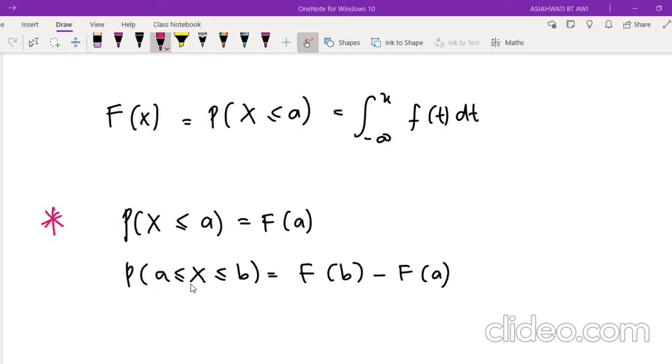The probability that X lies between a and b, included, is equal to the cumulative F of b minus F of a.